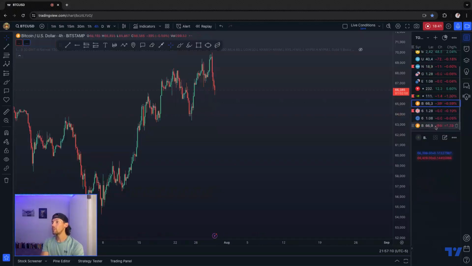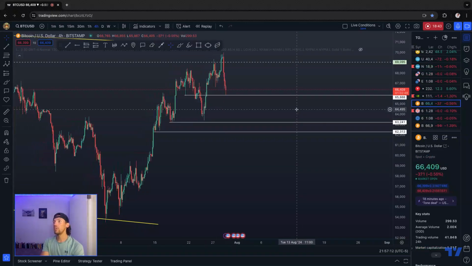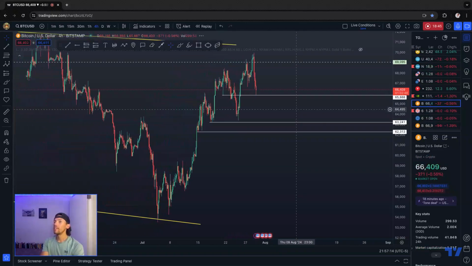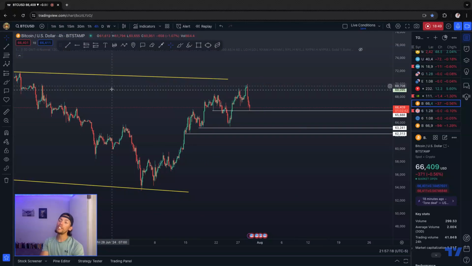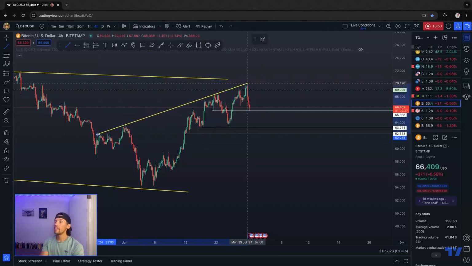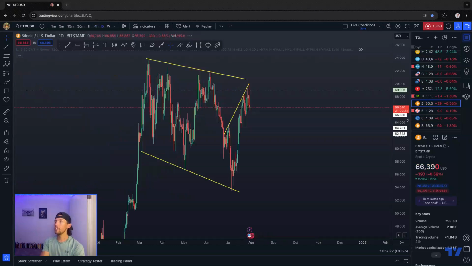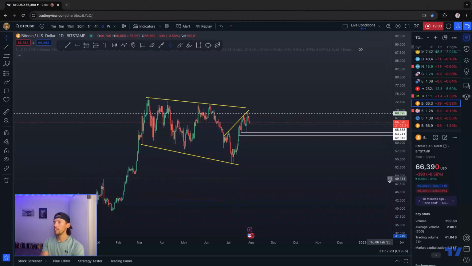And the last one that we're going to check on is Bitcoin. Bitcoin is getting here very correctively at the moment, to the top of this channel, which again doesn't mean too much.